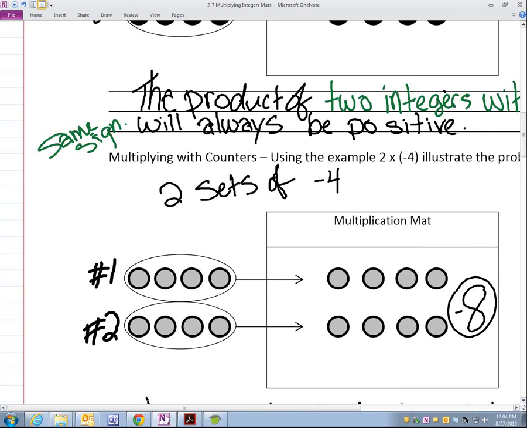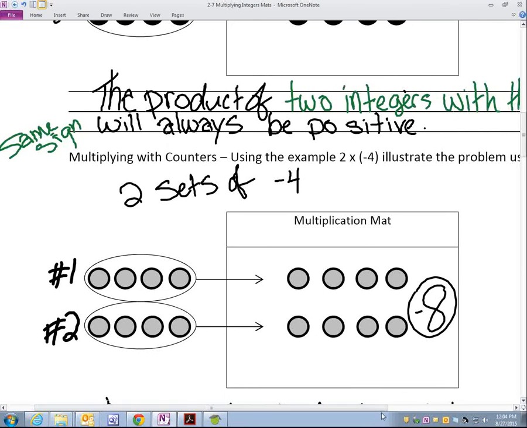The product of 2 integers with the same sign will always be positive because it creates a double negative and then a positive that becomes even more positive. The product of 2 integers with the same sign will always be positive.